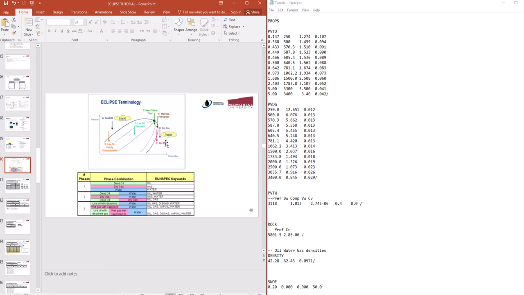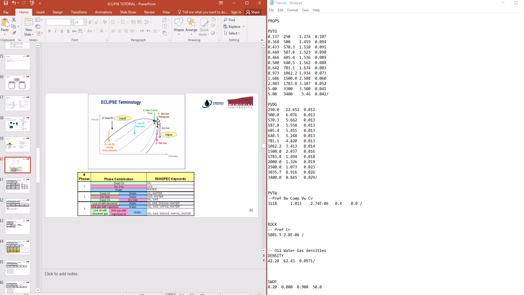And if we have some liquid hydrocarbon in the separator but we don't have any liquid in the reservoir condition, we call that wet gas. And we also have retrograde gas condensate. It means that as we decrease the pressure, we are going to have some condensate.